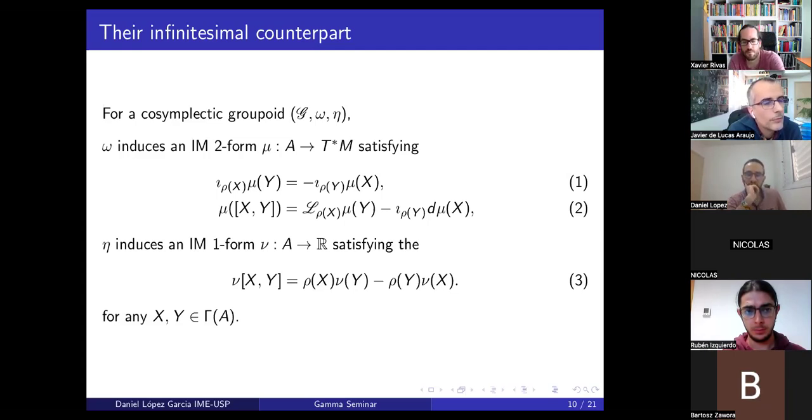Yeah, because in Albert, for example, as much as I remember, he does reductions, but he does reduction not only for the cosymplectic, he does also for the contact, and some results are just that you have omega, you have eta, and you can have a volume form. So it's things of this kind.